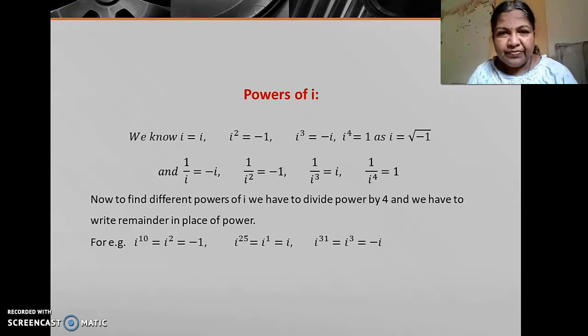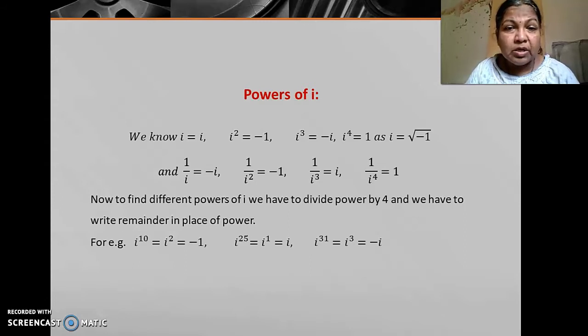Let's find the powers of i. We have just seen that the complex number i has a specific value, root of -1. Because of this, i square is equal to -1.